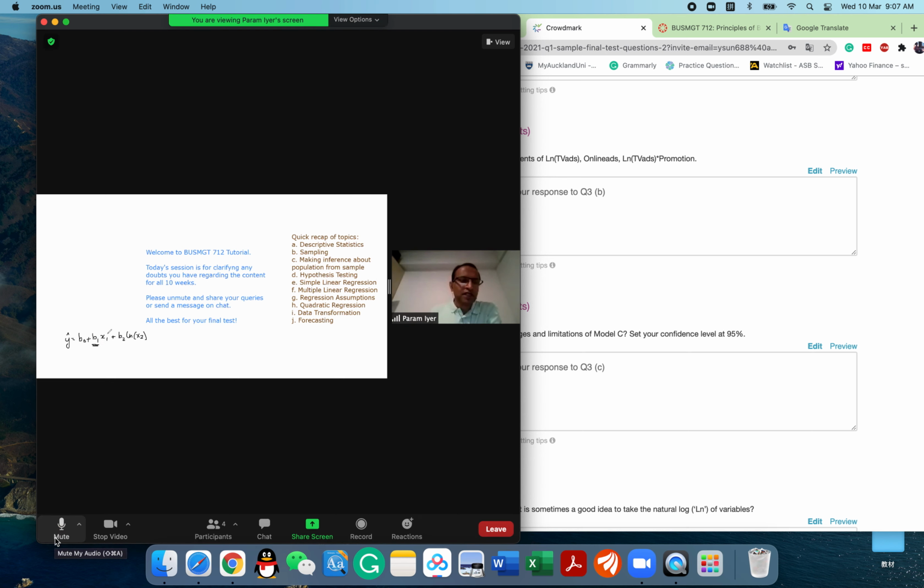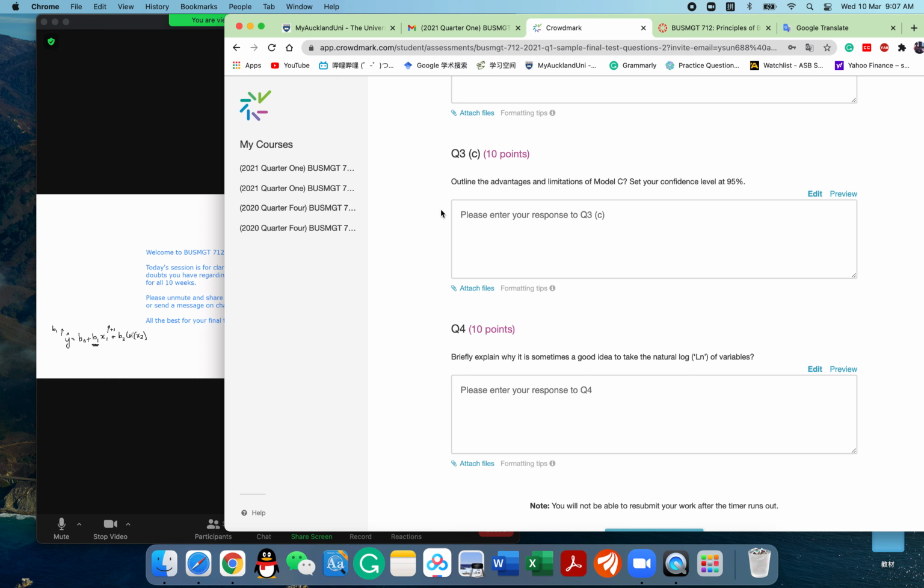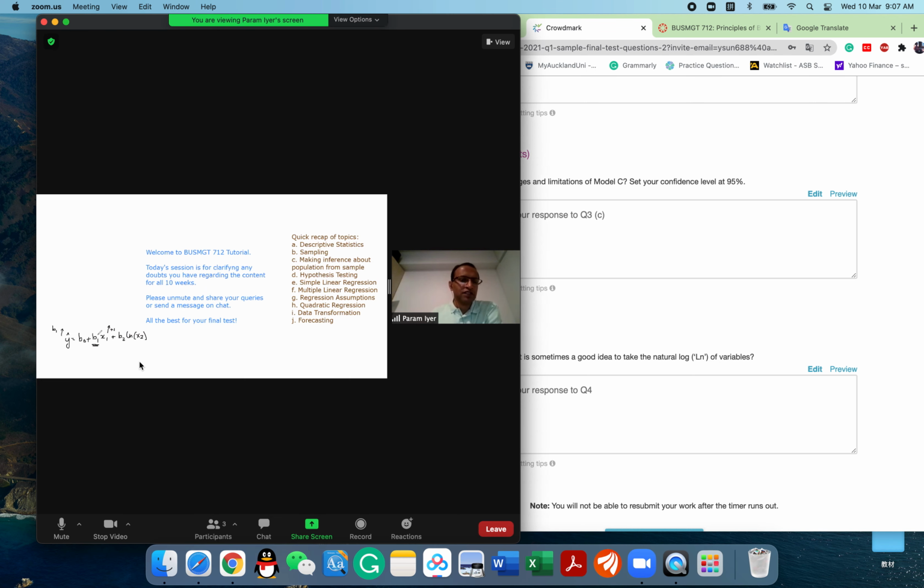We are saying if x1 goes up by 1 unit, then y hat goes up by b1 units. This is assuming everything else is the same, like x2 doesn't change and so on.